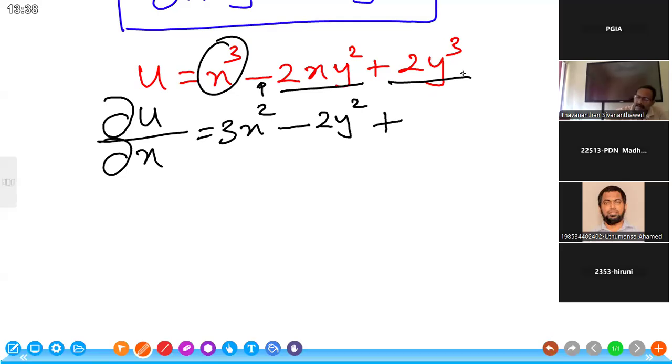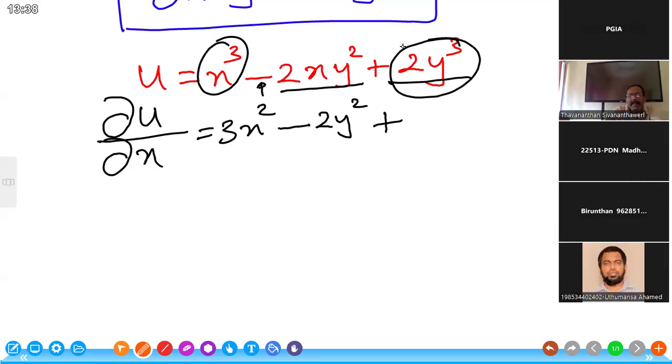So here there is no x component, only the 2y³ component. The answer is 0, because I said y is also considered constant. If y is constant, what is the derivative of that? This is constant, this is constant, so the derivative of a constant is 0.